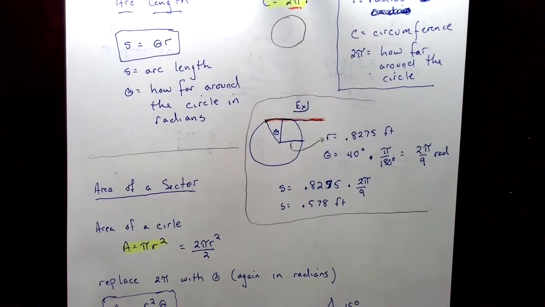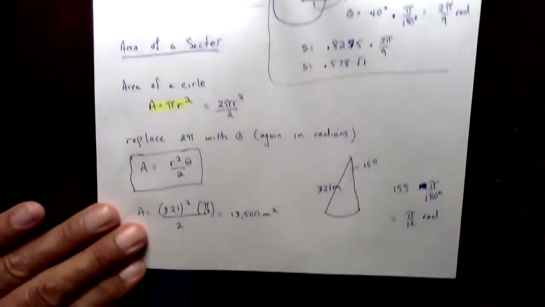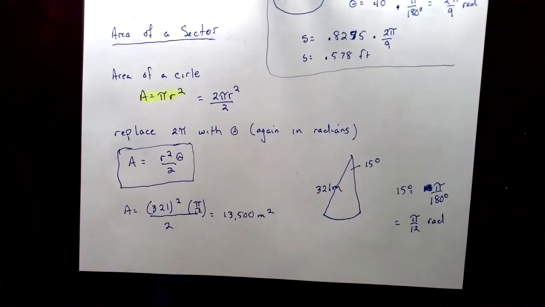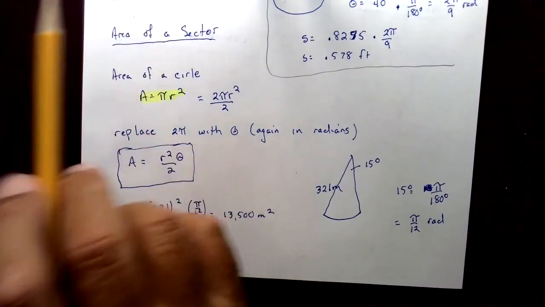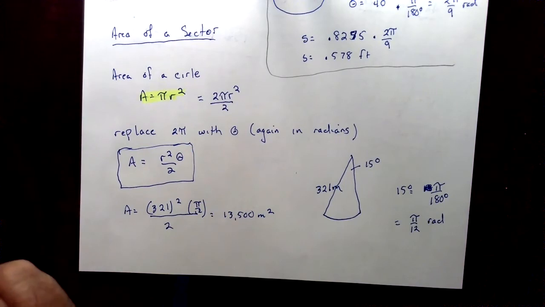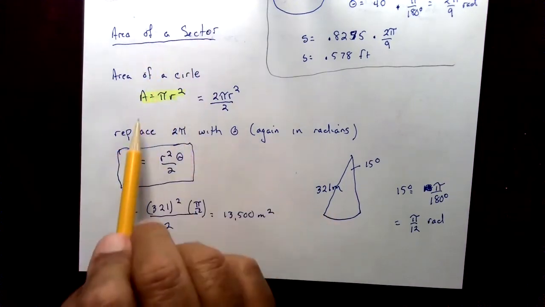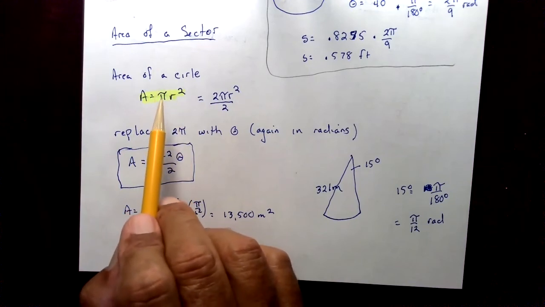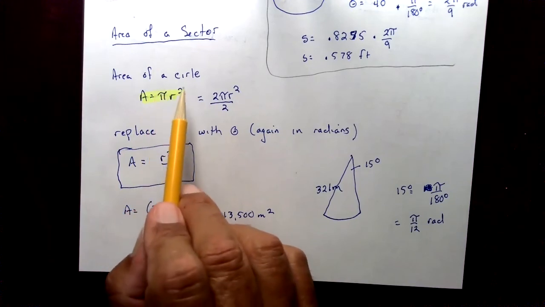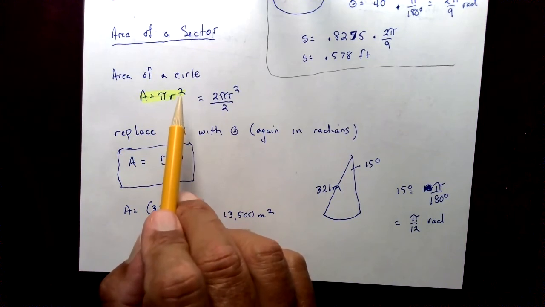Now, the other piece that goes along with arc length is the area of a sector. Just like a moment ago, we had circumference equal 2 pi r for all the way around. The area is going to be the same type of formula where I have around the circle and then I use my radius to get the other part.